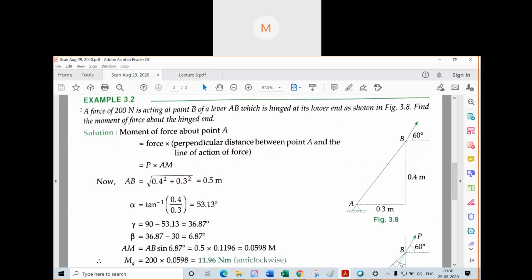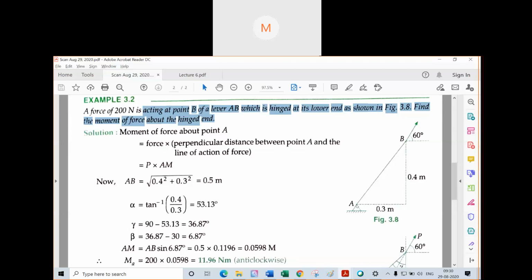A force of 200 Newton is acting at a point B of a lever. Look, for acting at a point B, right? So what is point B? This is the point B. This is the lever AB and this is the hinge part.